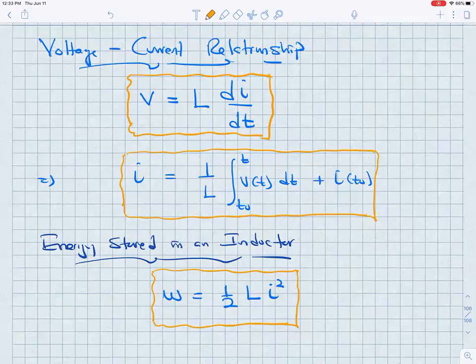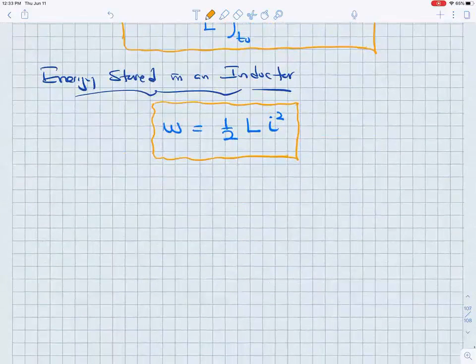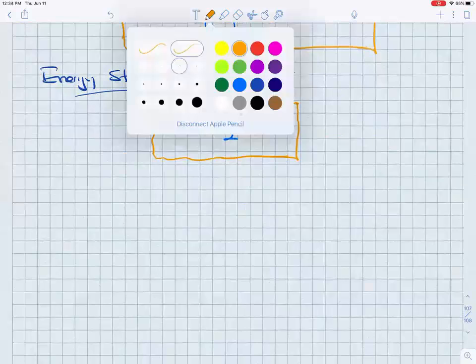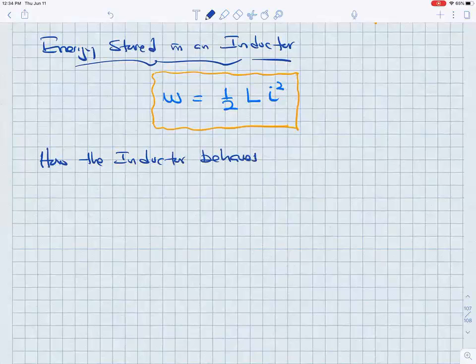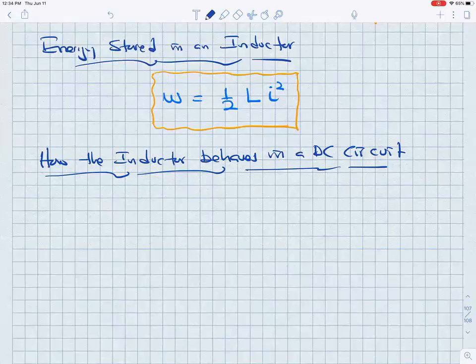And the last one we did is how the inductor behaves in a DC circuit. We did that for the capacitor, which becomes an open circuit in a DC circuit.